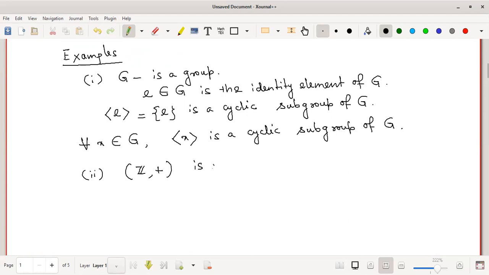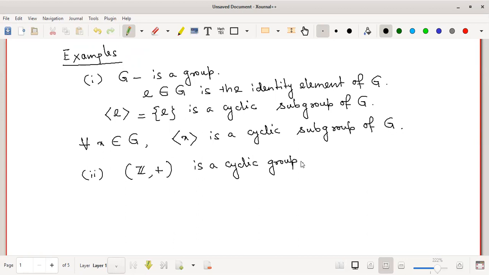This is a cyclic group. How to show that? If you can find an element inside the set such that Z itself is the group generated by that element, then I can say this is a cyclic group. Can I have such an element?